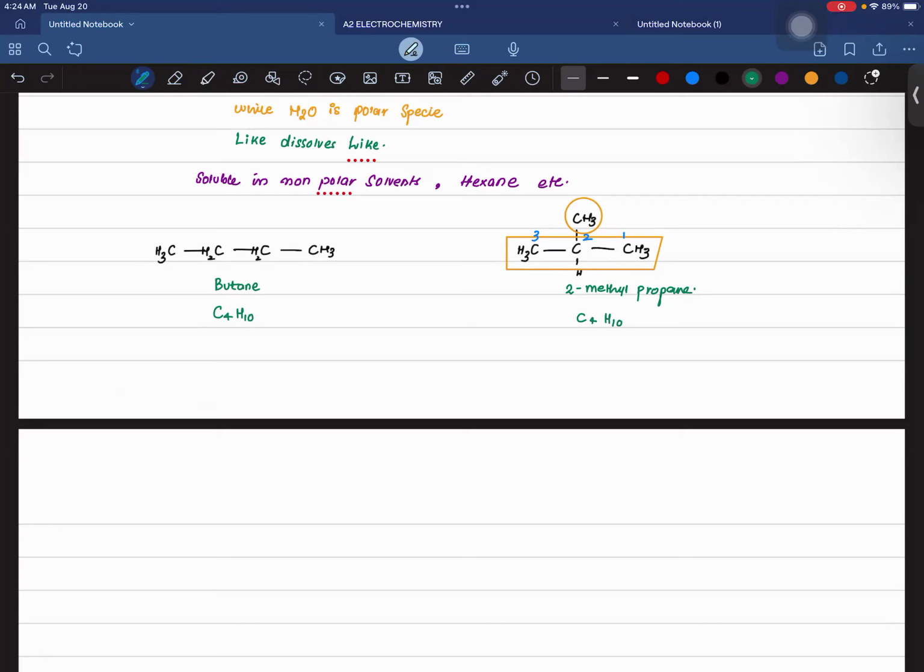Okay, so during structuring, the melting point of butane.